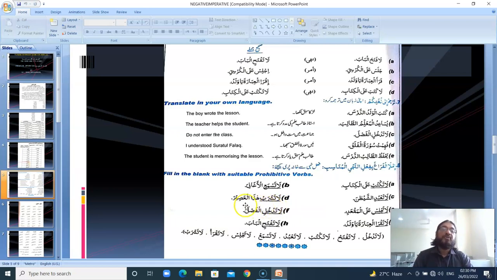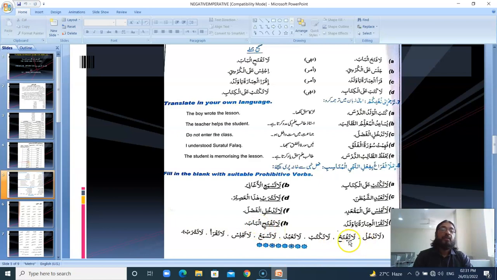So don't drink this juice. La tajlis ala al-maq'ad. Don't sit on the bench. Maq'ad, bench. La tadkhul. Don't enter al-fasl, the classroom. La taqra. Don't read al-ibarah, the passage. Ya walad, O boy. La taftah. Don't open al-bab, the door.